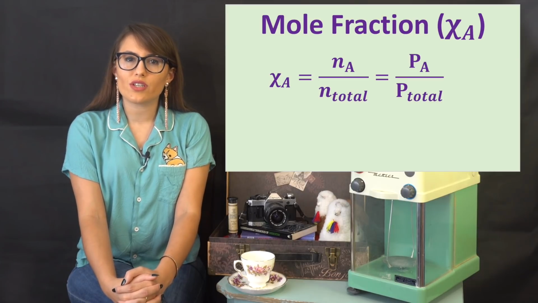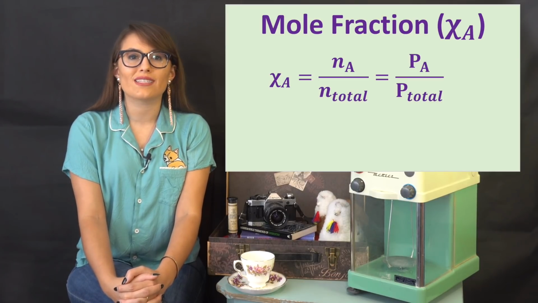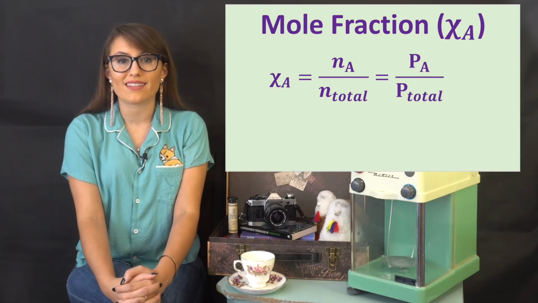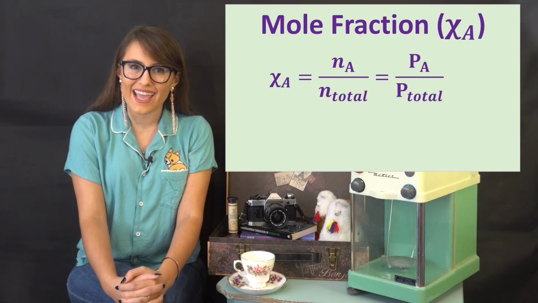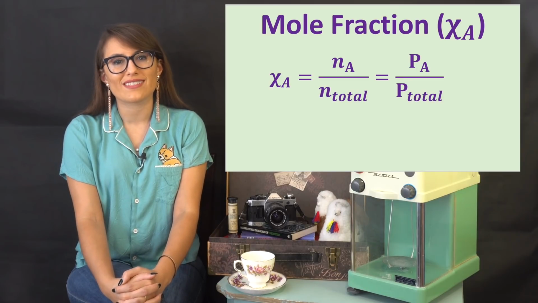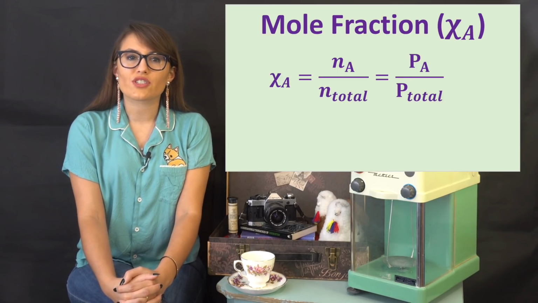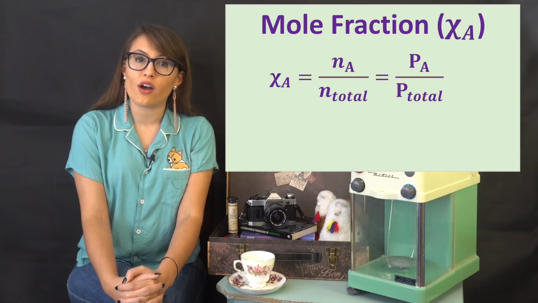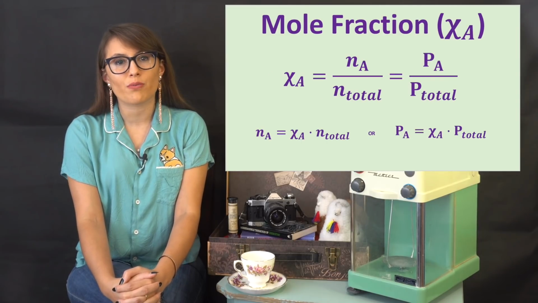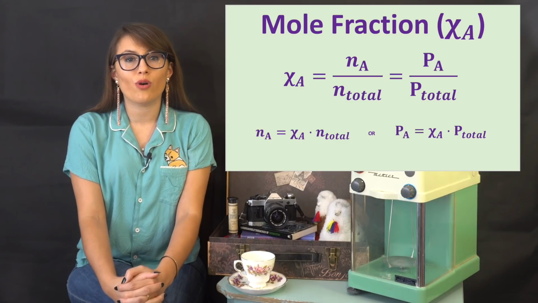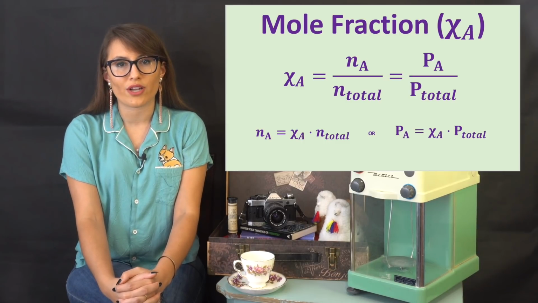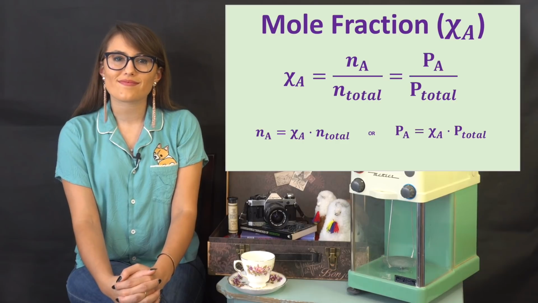The equation that you can use to calculate the mole fraction is by either dividing the moles of gas A by the total number of moles, or by taking the partial pressure of gas A divided by the total pressure of the system. These expressions can then be rearranged to the following, which states that the partial pressure of gas A, or the moles of gas A, is equal to the mole fraction multiplied by the total pressure, or total moles.